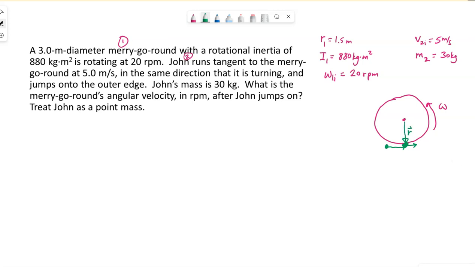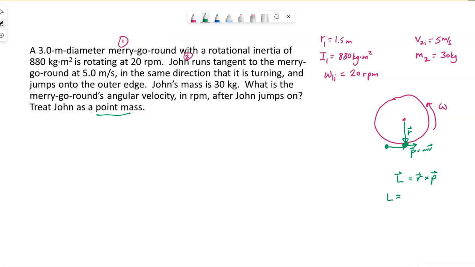Because R and P, his momentum, are perpendicular, we can consider John as having angular momentum of R cross P. Now, this equation, R cross P, as we mentioned in an earlier video, assumes the mass is concentrated at one distance r from the rotation axis. But it tells us to treat John as a point mass, so that is the assumption and approximation we're making.